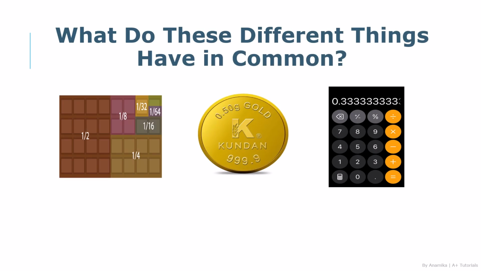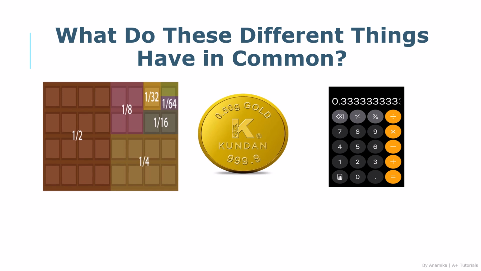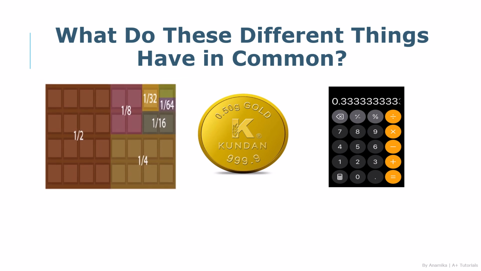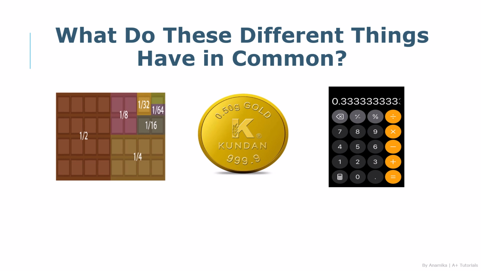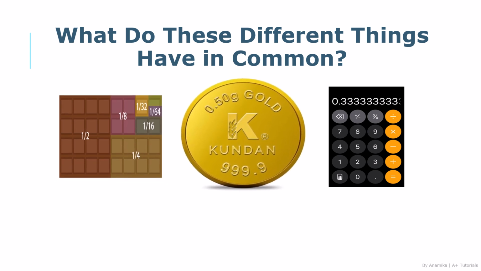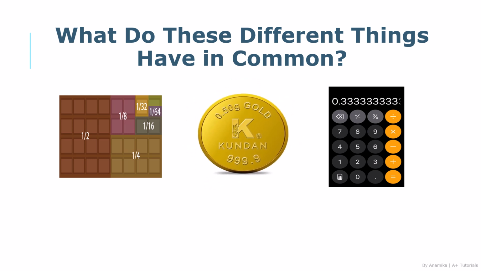All of these things look different, right? But look closely. They all have something in common. On the left, we have a chocolate bar divided into neat parts like 1/2, 1/4, even 1/64. In the middle, there is a gold coin marked 0.50 grams.